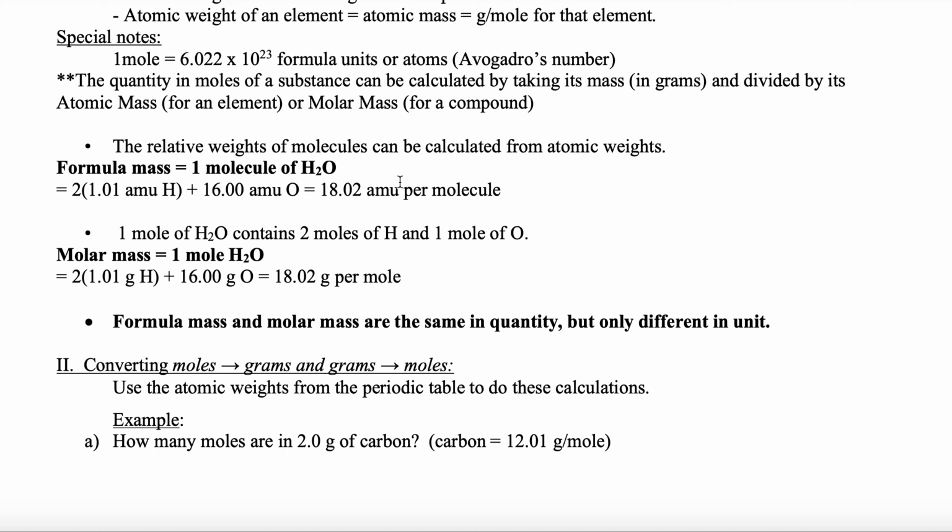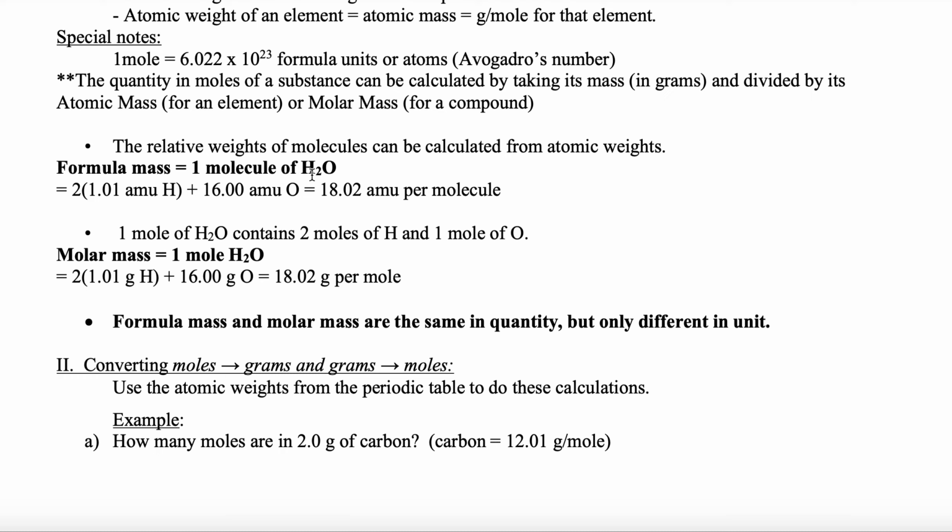Now, for example, let's take a look at water. It's actually easier than you think. Obviously, to figure out the molar mass, we need to know what the formula is. We need to know what the compound is. So let's say water. If we're only working with one molecule of water, that's very tiny.